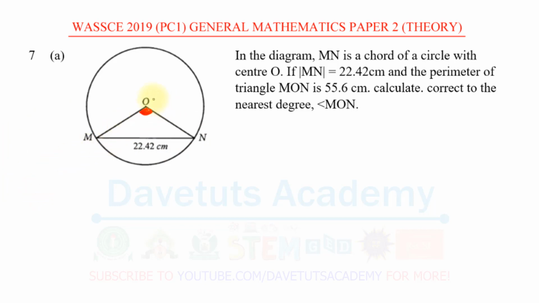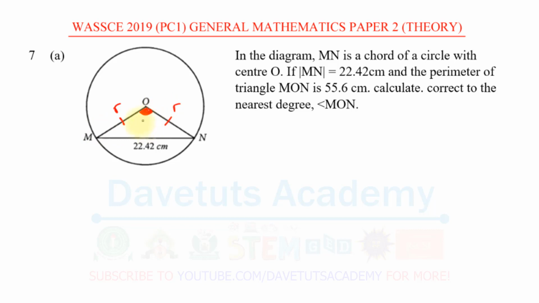But look at this. We are told in the question that O is the center of the circle, and any straight line drawn from the center of the circle to the circumference of the circle is nothing but the radius. So here, this is a radius, and here, this is another radius. Now, my triangle is incidentally forming an isosceles triangle, that is, a triangle that has two of its sides to be equal.